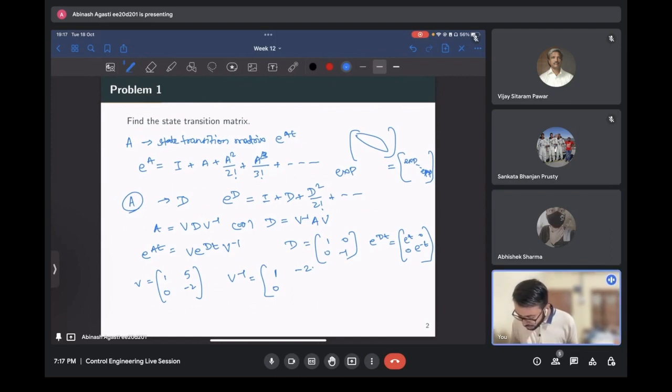One, zero, minus 2.5, minus 0.5. Hmm, I think this is a bit wrong.